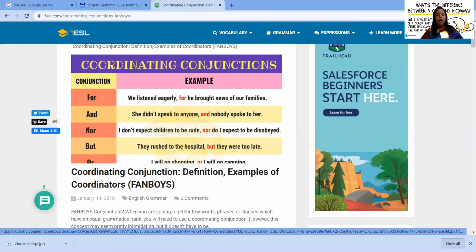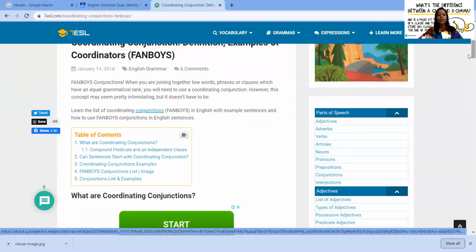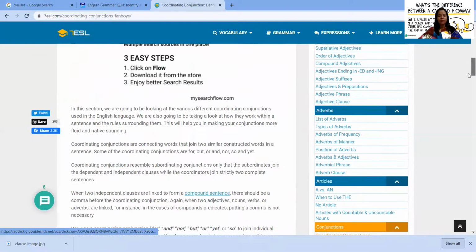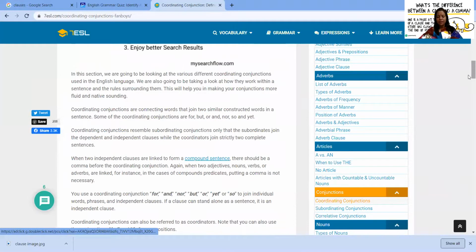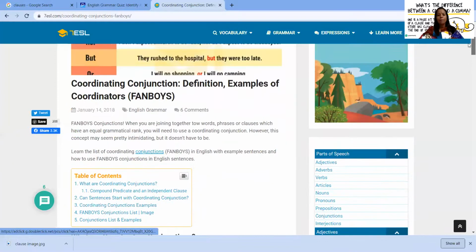So I was talking about the FANBOYS conjunctions. FANBOYS is nothing but: F stands for for, A is and, N is nor, B is but, O is or, and what is Y? Who can tell me what Y is? Y is yet, and S is so. That is how it is FANBOYS.